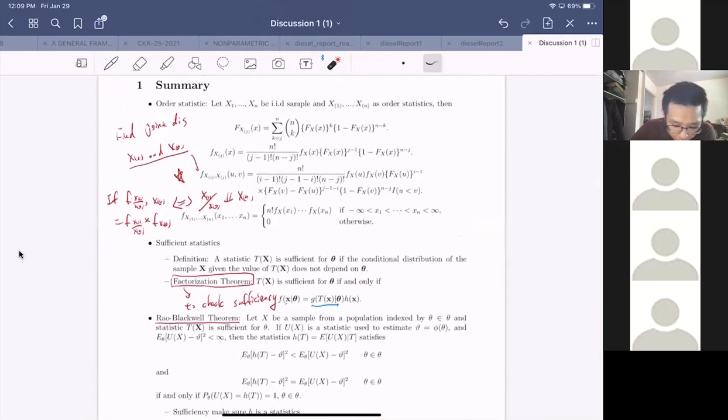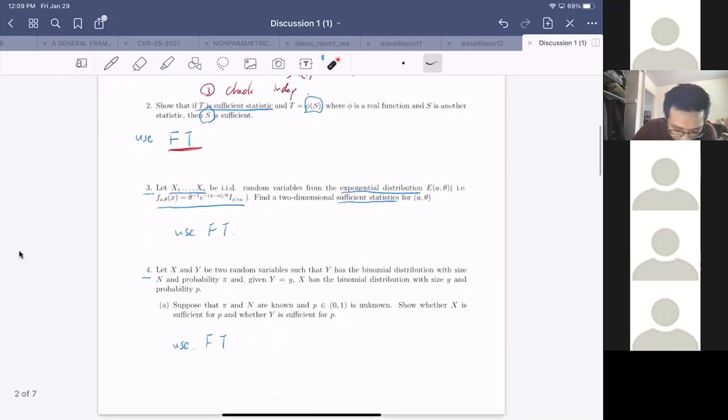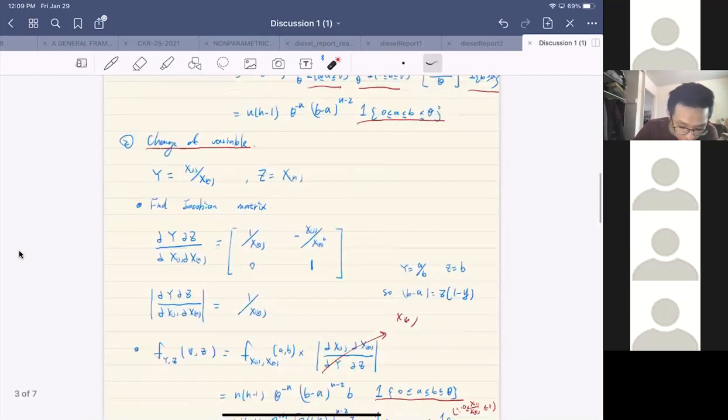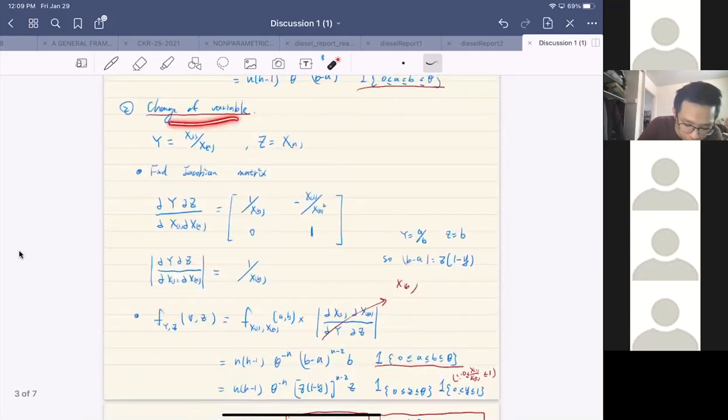And for the order statistic, you have to use this formula. You don't have to remember it, but you have to use this. And sometimes you will be asked to do a change of variable.